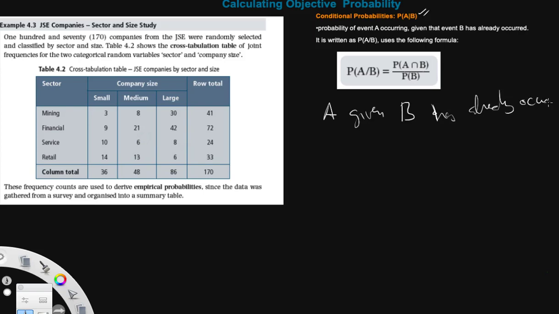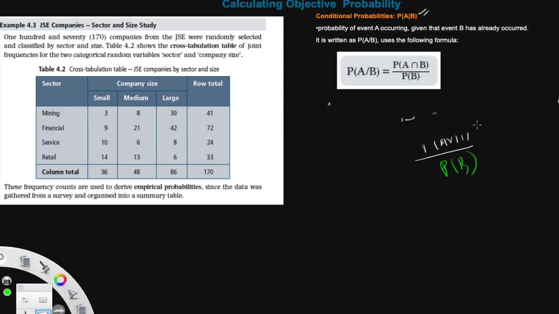The main difference with this formula is that we'll see that at the bottom here, the condition has changed now. It's no longer N, but it is our event B. So the sample space is changed to that. Let's understand it better looking at this table.